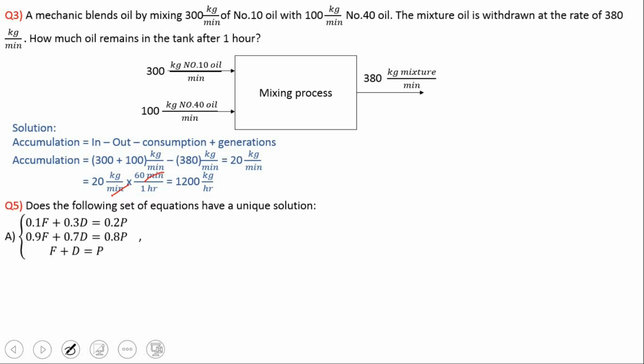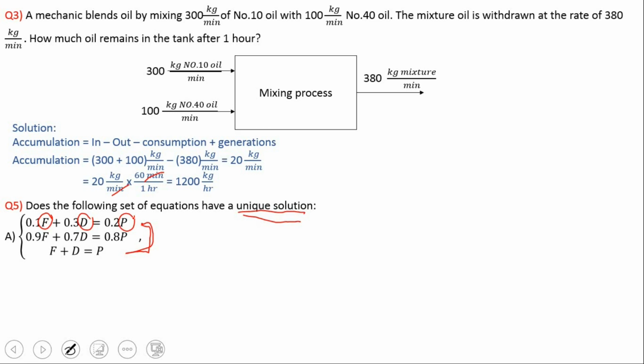For the fourth question, does the following set of equations have a unique solution? And we have this set of equations. To have a unique solution, we know that the number of unknowns must equal the number of equations. In this process, we have 3 unknowns and 3 equations.